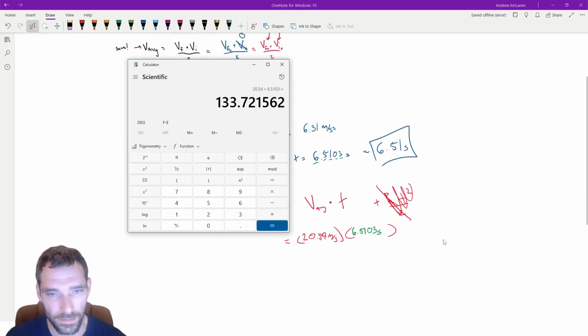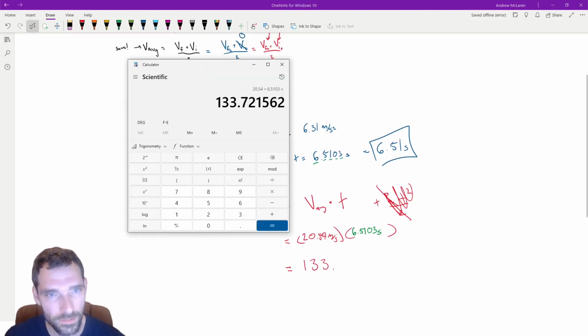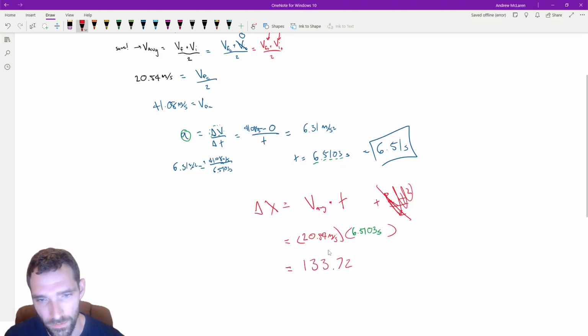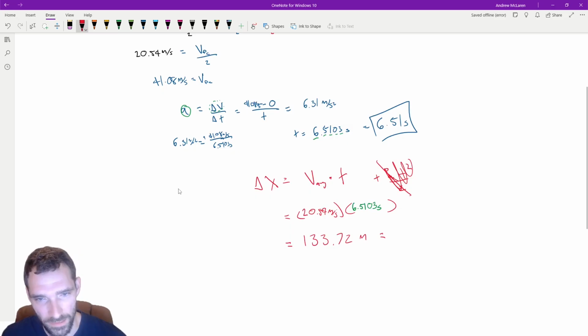Okay. We're getting a distance of 133.72 meters, and we're going to limit that down to, because we originally had 4 sig figs and 3 sig figs, we got to limit this down to 3. So it's 134 meters roughly that this has traveled.